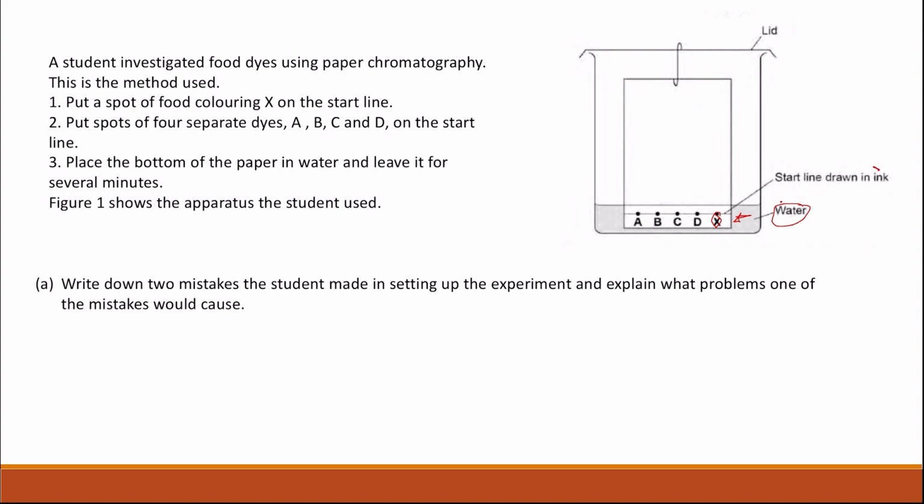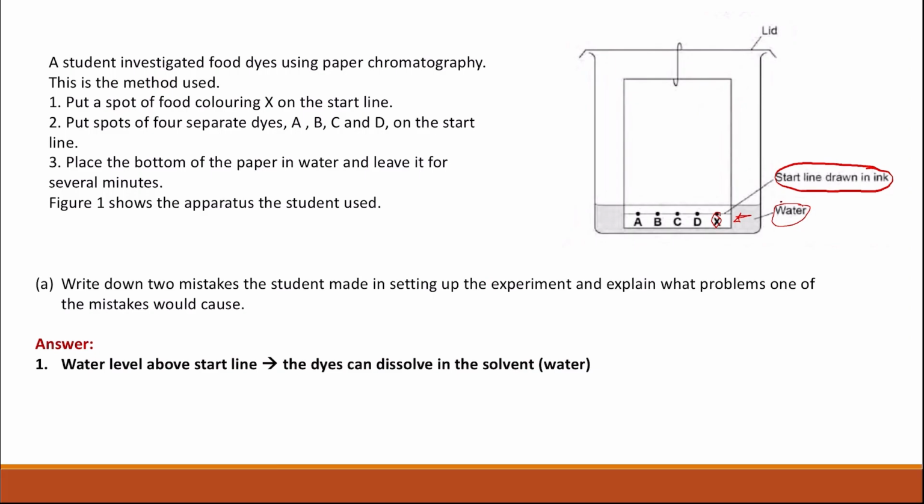The second problem is that the start line was drawn in ink. You have to draw the start line in pencil, not ink, because ink can also dissolve in water. So the answer is that the water level is above the start line, so the dyes can dissolve in the solvent, which is water.